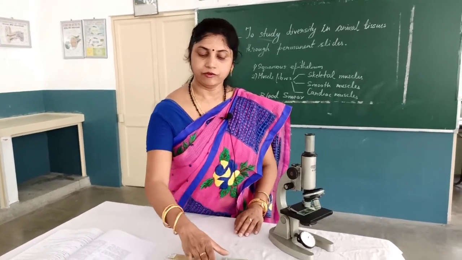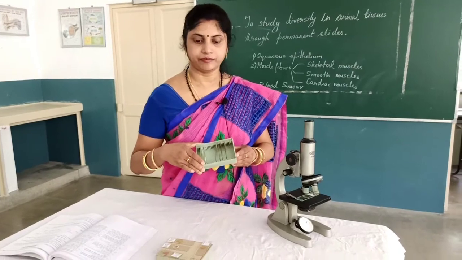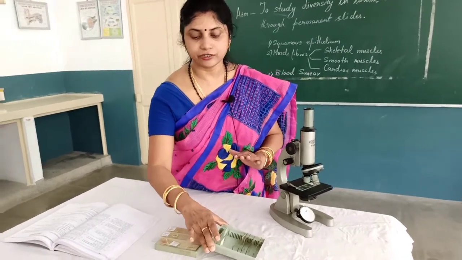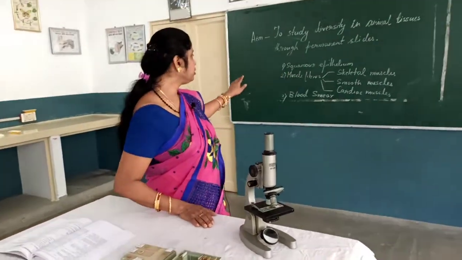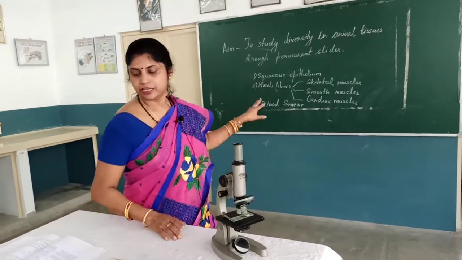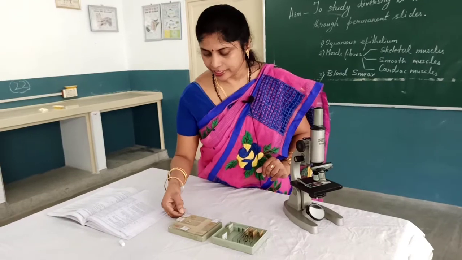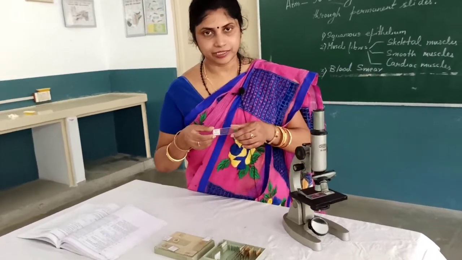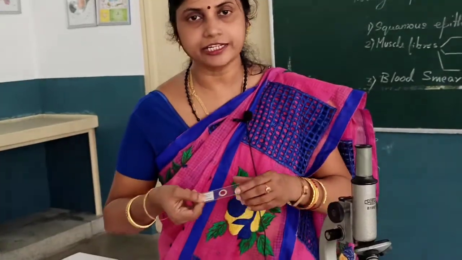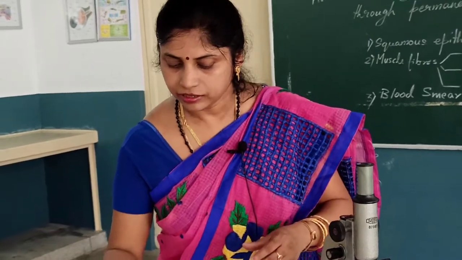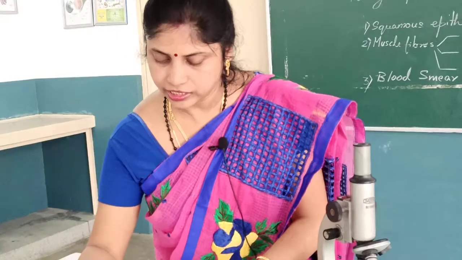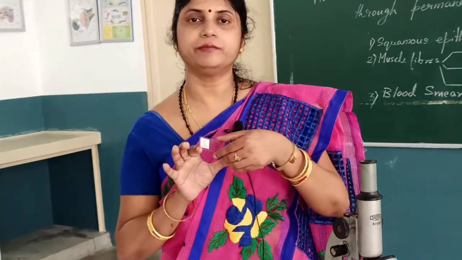Materials required for this experiment: one is the permanent slides. As I told you, we are going to learn 5 permanent slides today. One is the squamous epithelium, next is the striated muscle, then unstriated muscle, then the cardiac muscle, and one more is the human blood smear.